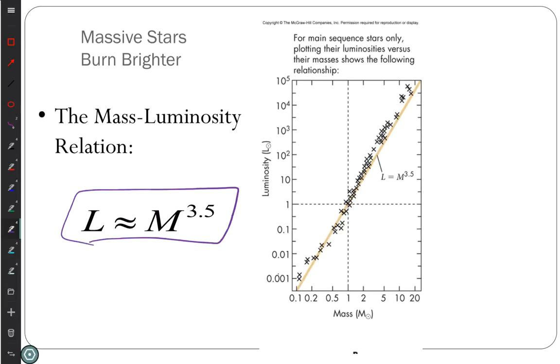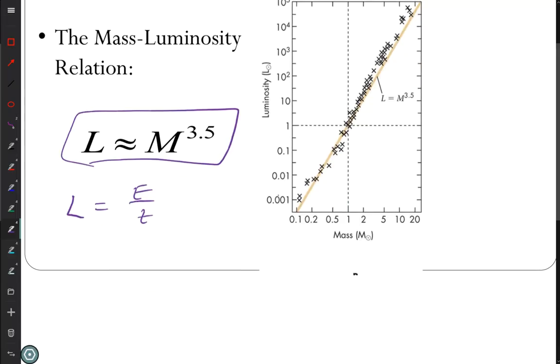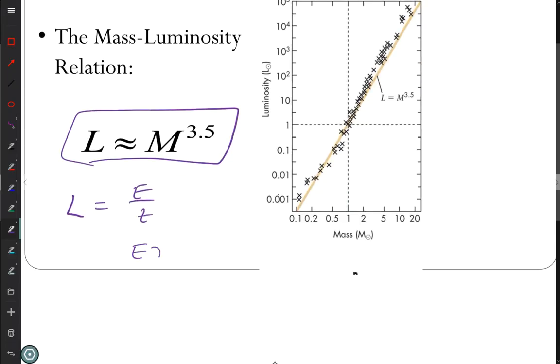And so I can calculate real quickly, since the luminosity is equal to the energy per time that's being emitted, but the energy is proportional to the mass of the star, because its mass is the fuel that it's using for that fusion, then that means I should be able to solve this for time.